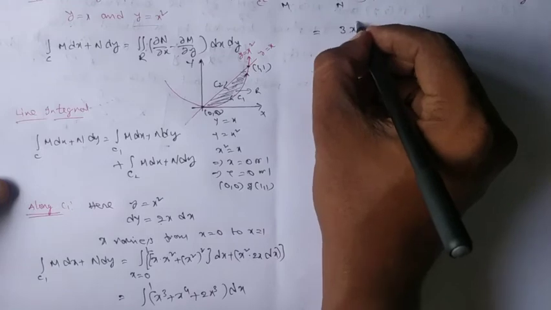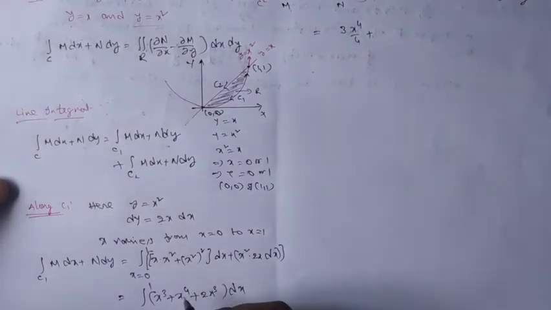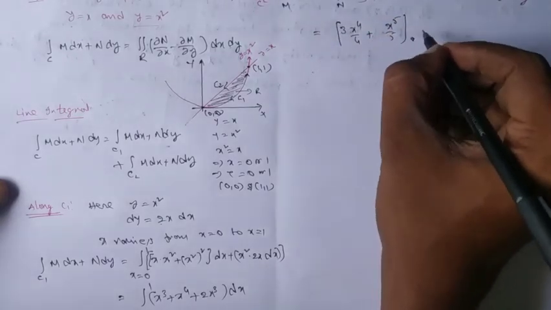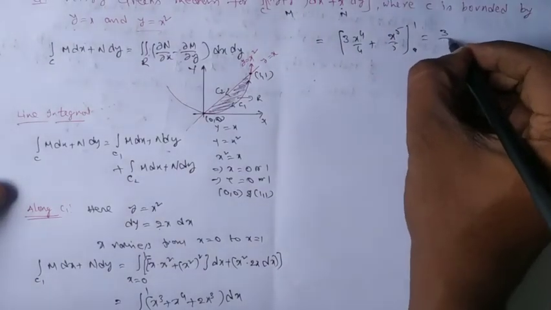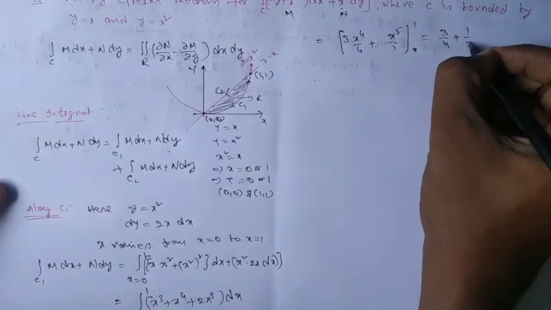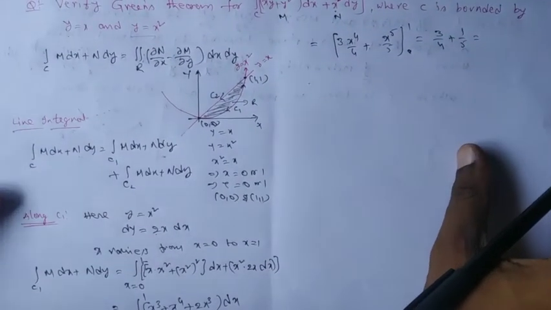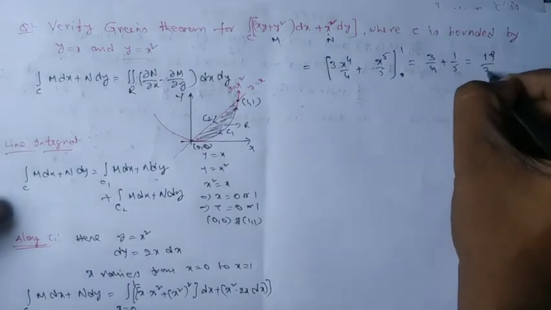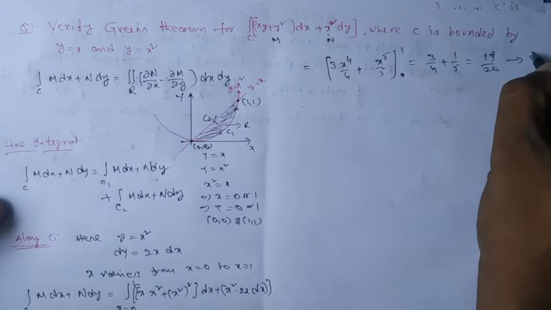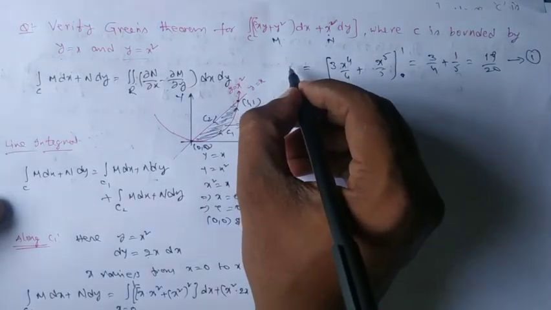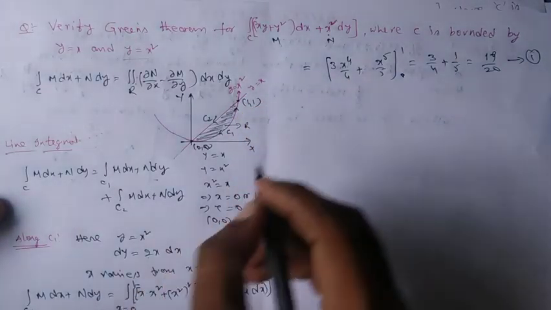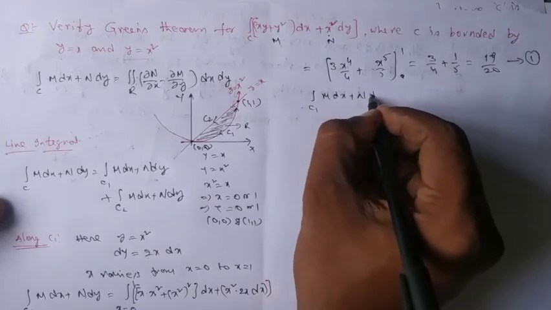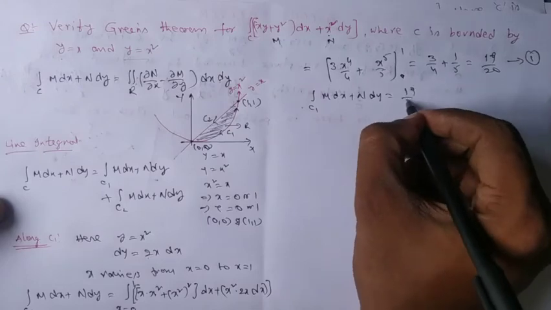The integration of 3x cube is 3x power 4 by 4, plus x power 4 integration is x power 5 by 5, over the limits 0 to 1, whose value is 3 by 4 plus 1 by 5. That may be simplified, that equals 15 plus 4, 19 by 20. So this is one value, that is, integral over C1 of m dx plus n dy equals 19 by 20.